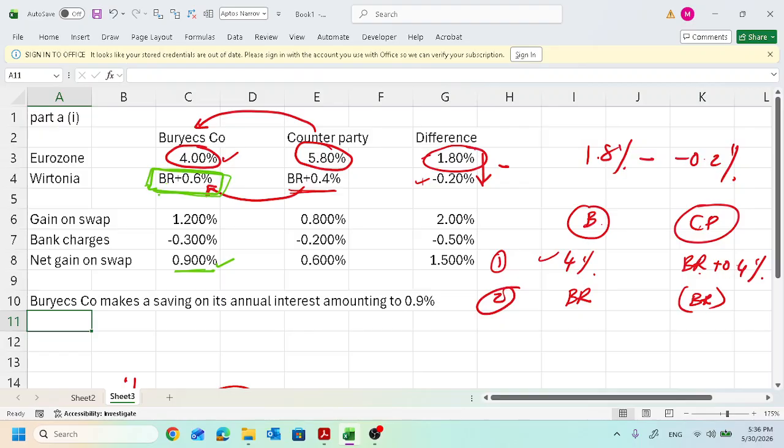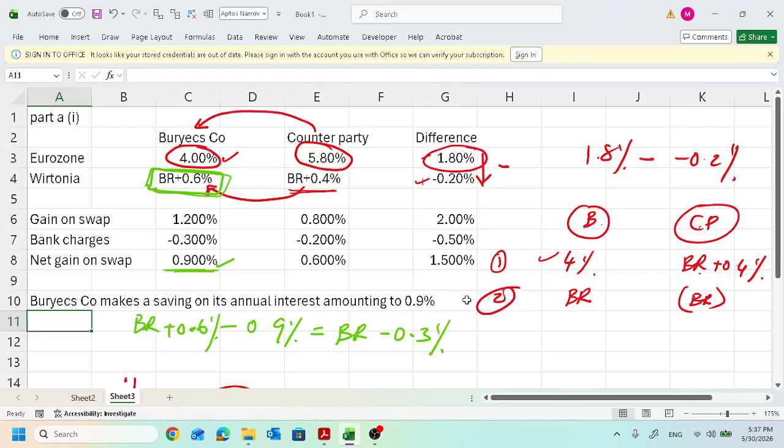They don't get fixed rate there. But since you are doing the swap, you have 0.9% saving. From BR plus 0.6, if you minus 0.9, your effective rate should be BR minus 0.3%.